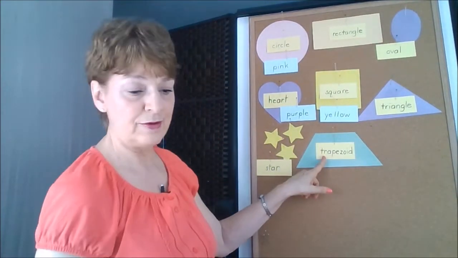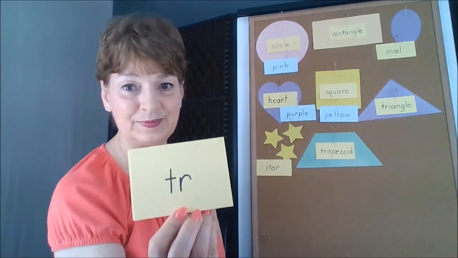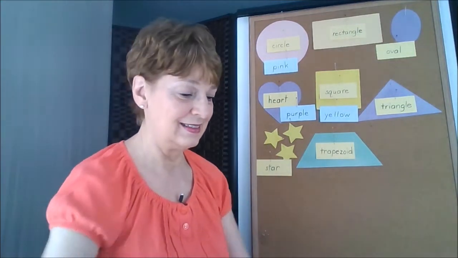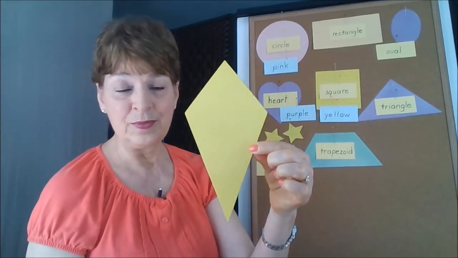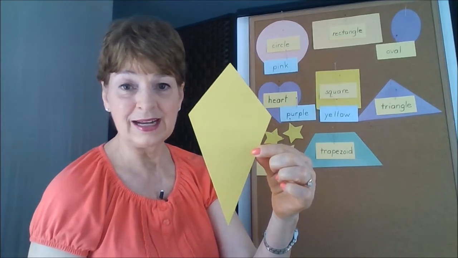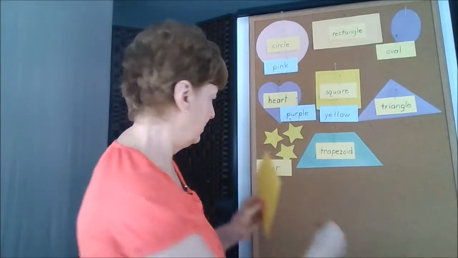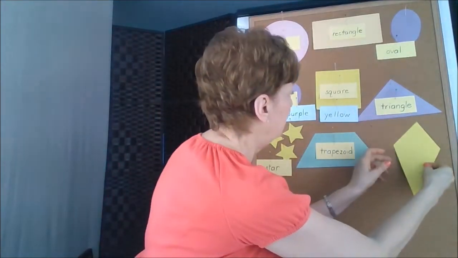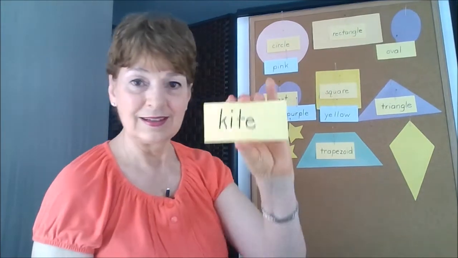That trapezoid has a TR blend to it. I know you might think that this is a toy kite, but it's also a geometric shape. Kite.